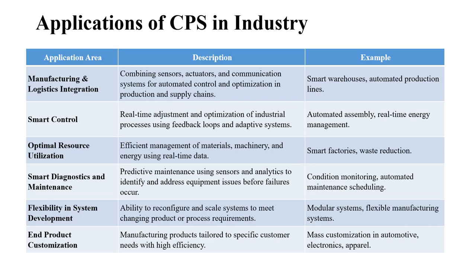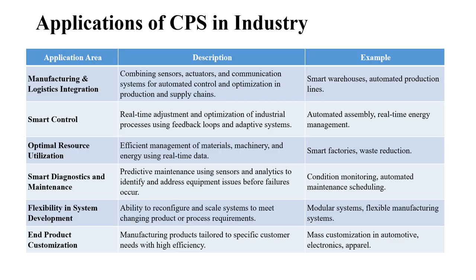So smart control refers to the ability of the CPS systems to monitor, control and optimize the industrial processes in real time. And here these systems use the feedback loops and advanced algorithms in order to adjust the operation of the machines and processes for efficiency, quality and safety.